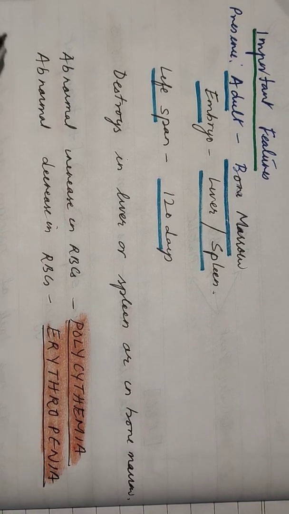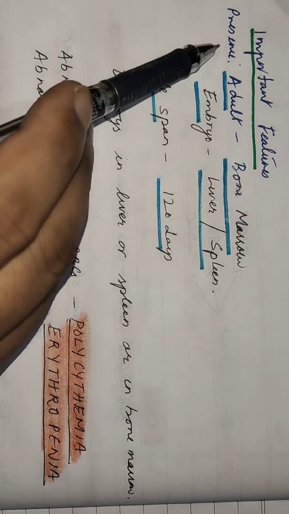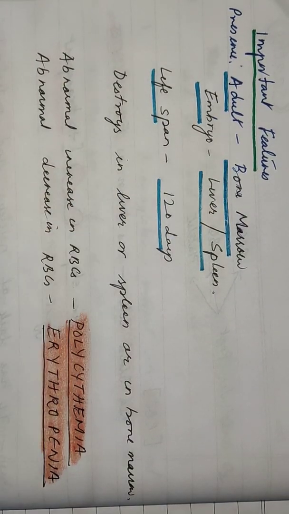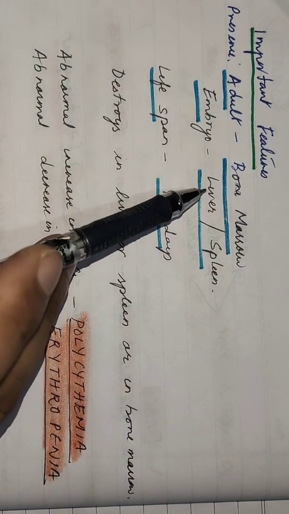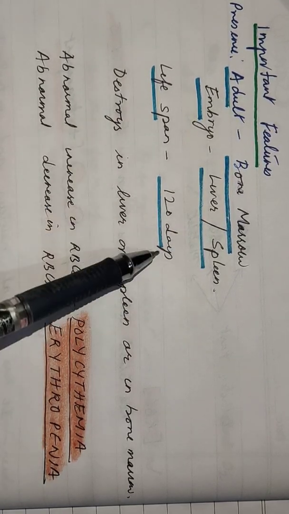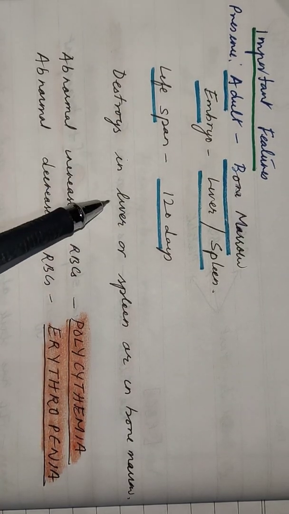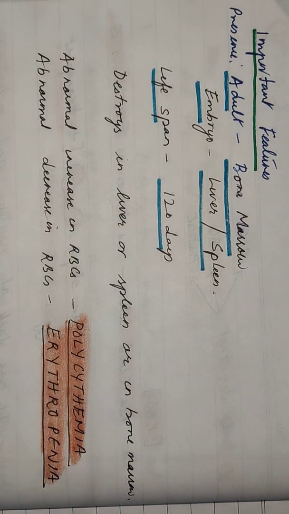So where is RBC present? Important features of RBC now. It is present in the adult in bone marrow, in the embryo in the liver or spleen. Lifespan is 120 days. Where does it get destroyed? It is destroyed in the liver, spleen, or bone marrow.